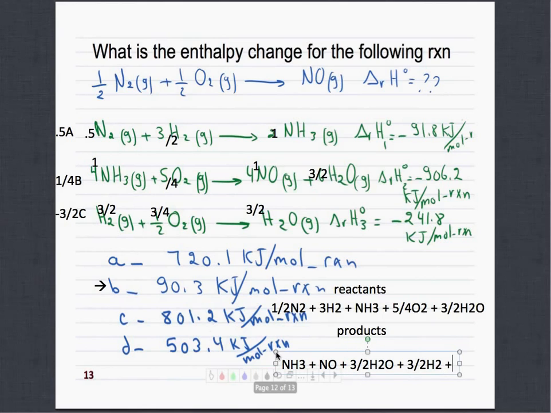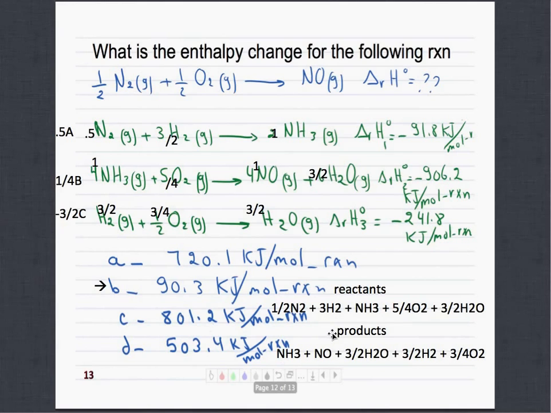It's going to balance itself as we go. NO, I need NO, and it is on the product side with a coefficient of 1. So I see that there is NO on the product side, but it has a coefficient of 4. So I'm going to divide reaction B by 4 or multiply it by 1 over 4.